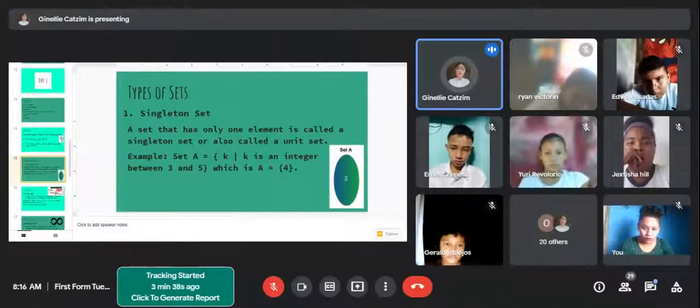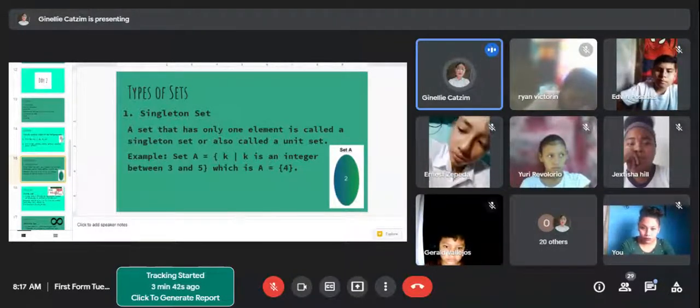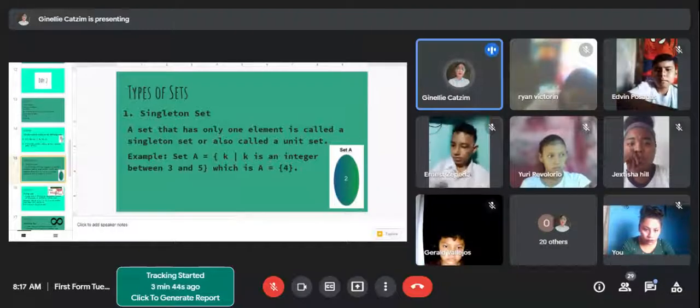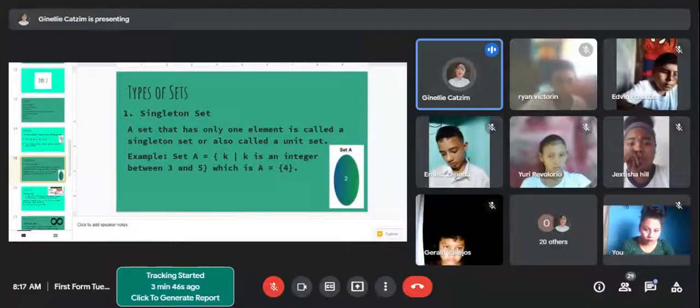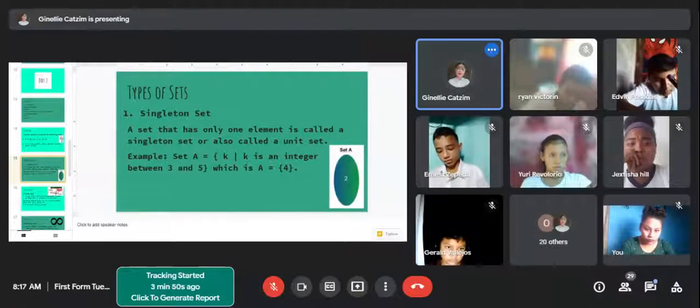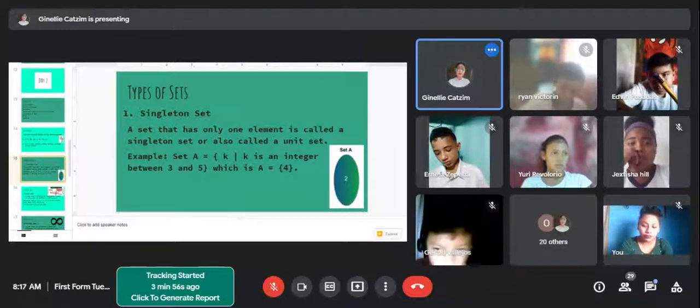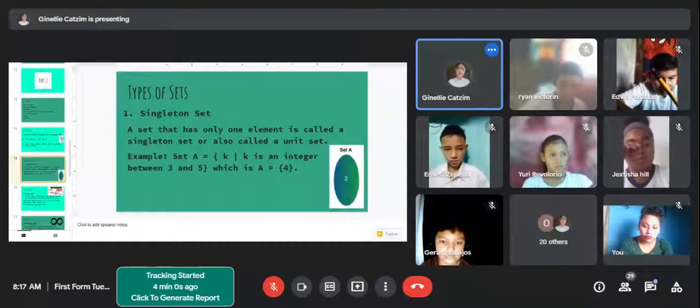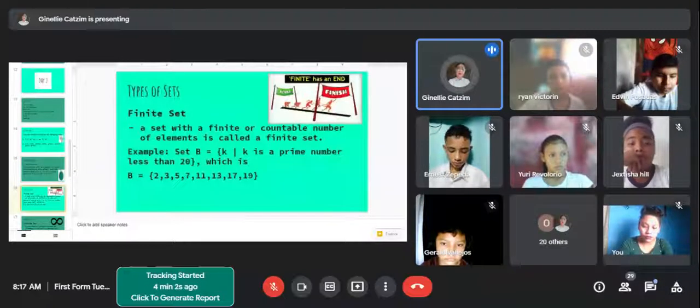So we have an example here: K, where K is an integer between 3 and 5. We know that there is no other integer between 3 and 5 than 4. We have 3, 4, 5, so in the middle we have the 4, right? So that is a singleton set. Just one element, okay?